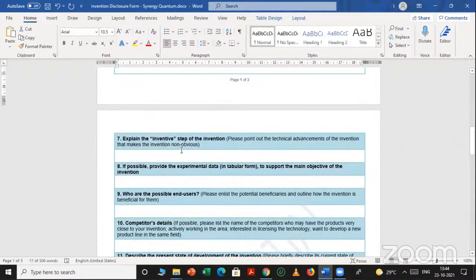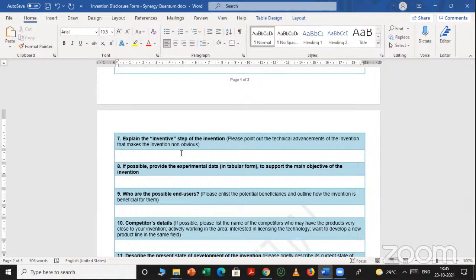But from a legal point of view, from an attorney's perspective, from a patent IPR perspective, this is a bit different. So what does this inventive step mean? As you can see, it is written in the bracket: you have to point out the technical advancement of the invention that makes the invention non-obvious. To describe this, I'll take a hypothetical example.